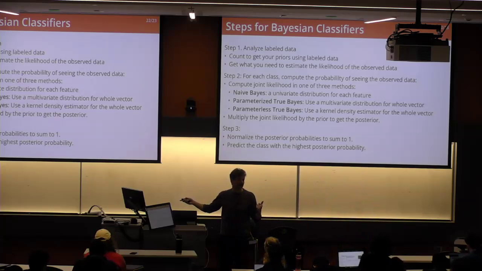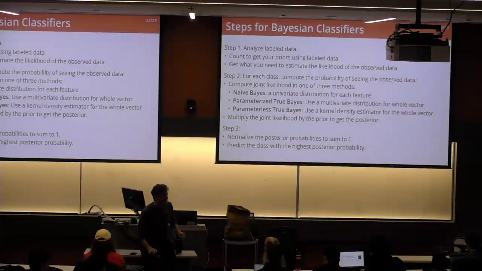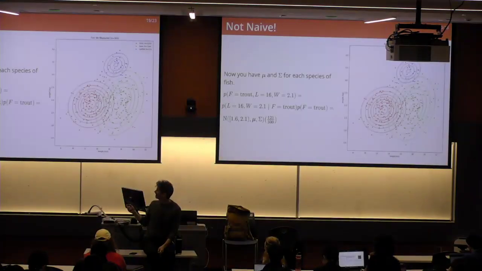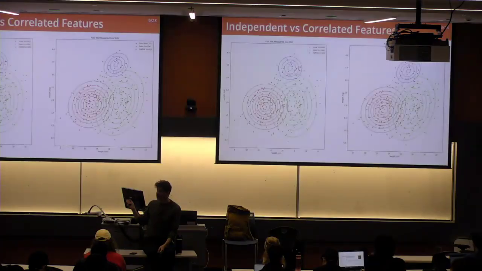Can I answer any questions about the idea of a Bayesian classifier? Yeah. In the beginning, you said that naive Bayes is usually good enough. Exactly what does that mean? So, for example, the fish, right? All the fish have that same sort of smear in that direction.